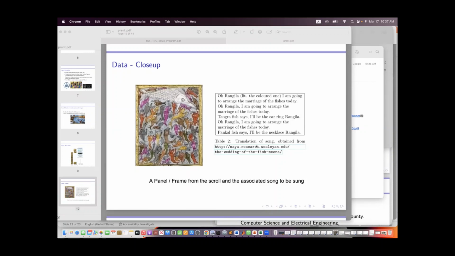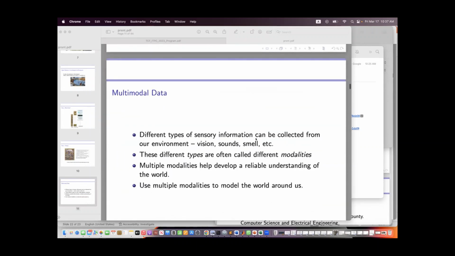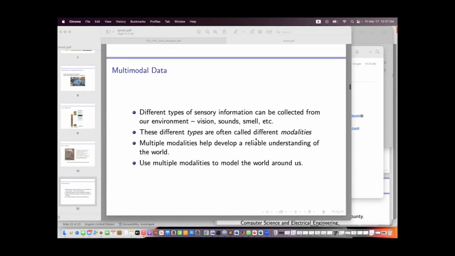So we have the original text of the song, the audio, the video to go with it. So you can really see that there's a lot of what we call multimodal data. And by this, we mean that different types of sensory information, so typically vision, sounds, etc., are actually collected from our environment. And this was done in field research.